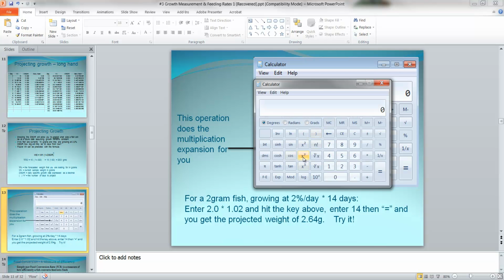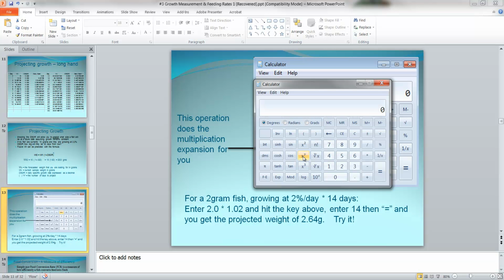That operation says to take x and redo that operation y times, and y is the number of days you're going to be looking forward. So for this one, we need a starting weight, whatever that is. You need to know your daily specific growth rate, which is an assumption that you're going to make, and then n is going to equal the number of days that you want to project.